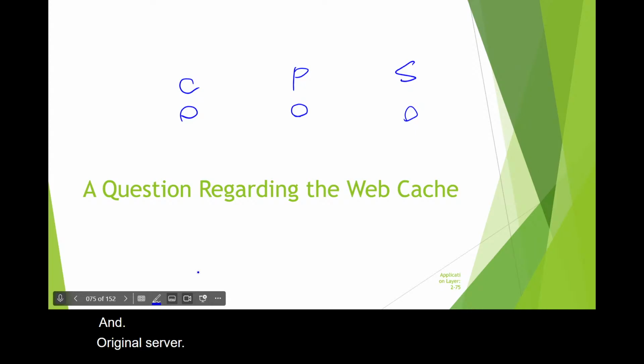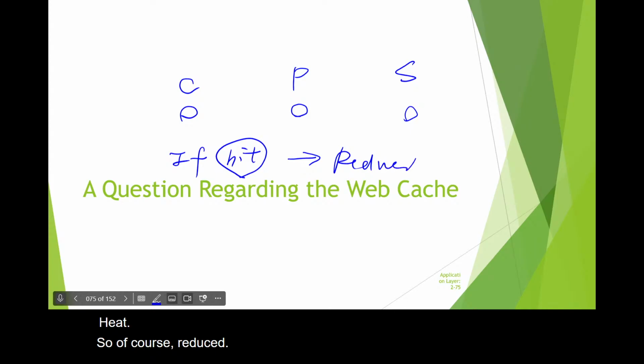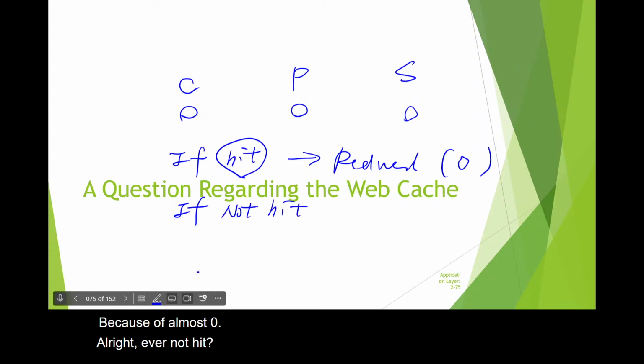So think about if hit. So of course reduced because of almost zero. All right. If not hit, so here reduce.